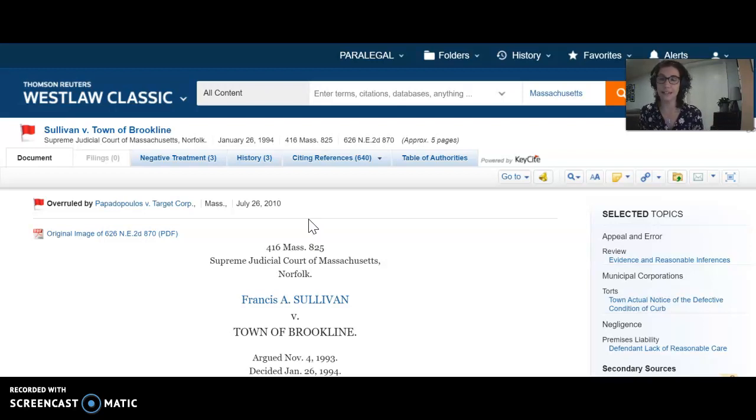Sometimes courts are asked in one case to decide 3 legal issues. If only one of those legal issues is overturned on appeal or changed by a statute, then the red flag will still appear. What this means is, let's say Sullivan has 2 legal issues in it, you would need to read Sullivan and read Papadopoulos to make sure it's not your point of law that's been overturned.